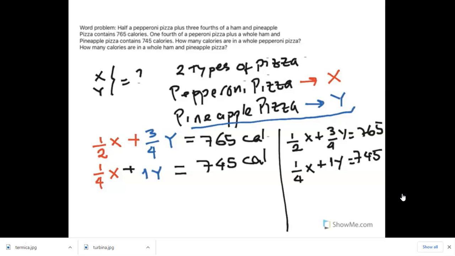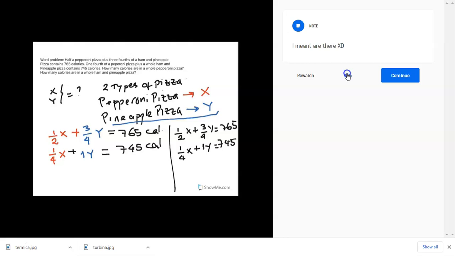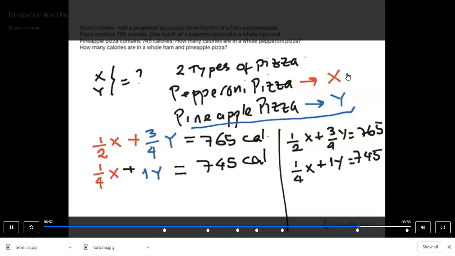And then we need to know how many calories are in a whole pepperoni pizza. So we need to find the calories of x, right? And the other question is how many calories are in a whole ham and pineapple pizza. So we need to know the calories of y.